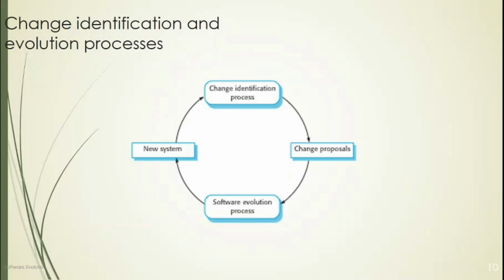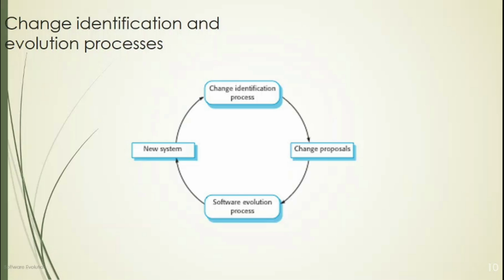Then, in the software evolution process, the client or end user may decide whether the changes are required, and whether the budget reserved every year for evolution meets it or not. If not, then there is no need of doing any changes. If the budget meets the requirement, then you may go for the new system, that is, the upgradation of the system.